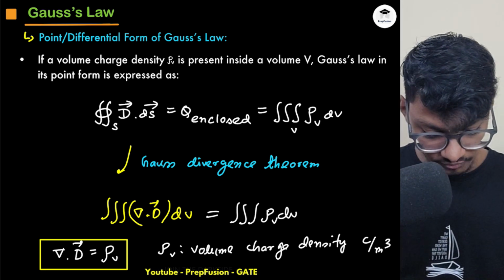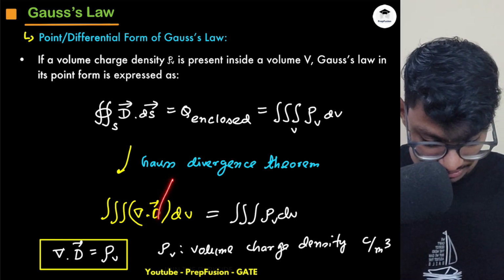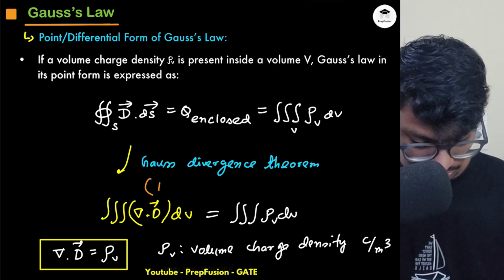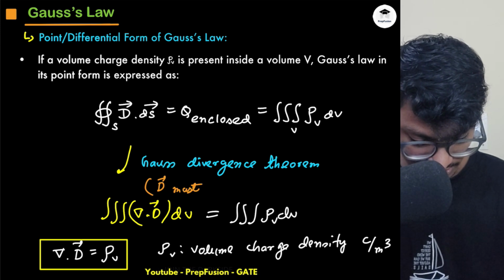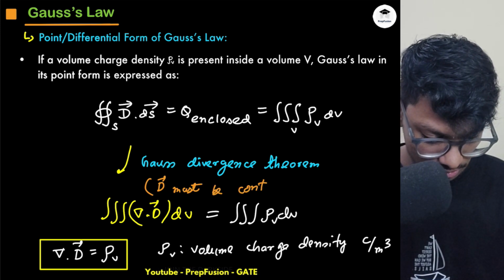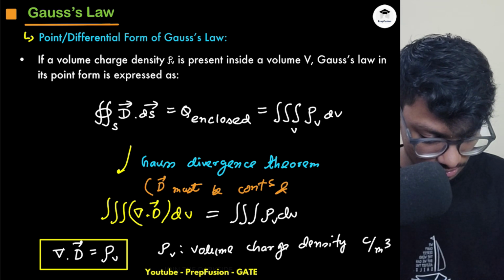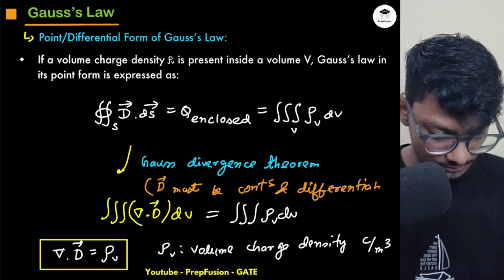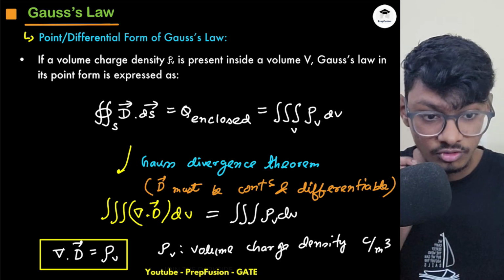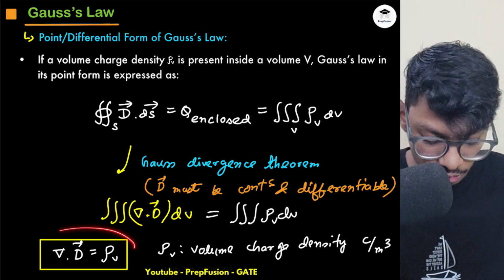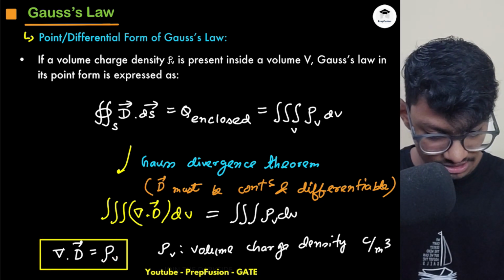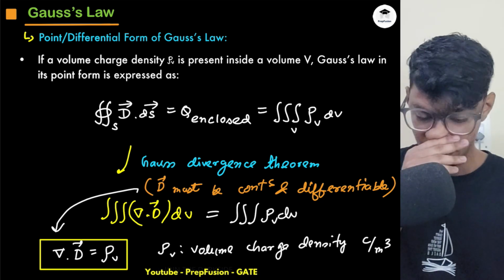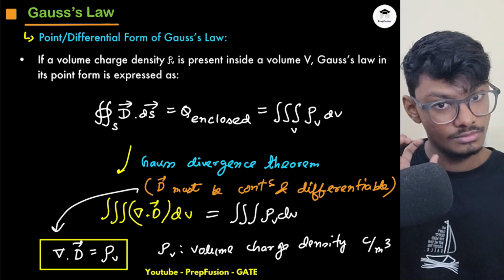One thing you have to understand is that to use this, D, the electric flux density, must be continuous and differentiable. These two things you have to take care of. D must be continuous and differentiable, only then is this relationship valid. So you have to identify whether this is a valid relationship or not. This can go invalid as well. So we can use this formula for solving our questions.